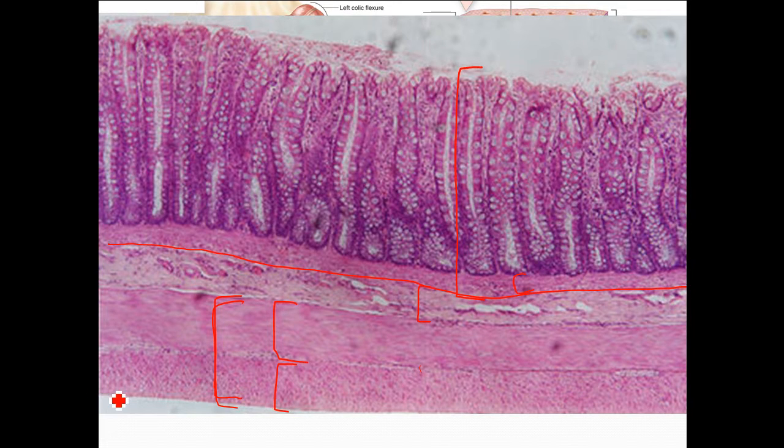And then the very outer surface is the serosa, once again. If it's adventitia, there will be adventitia near the rectum and anal canal. It will be just connective tissue that you'll see all over the place, not just one layer.